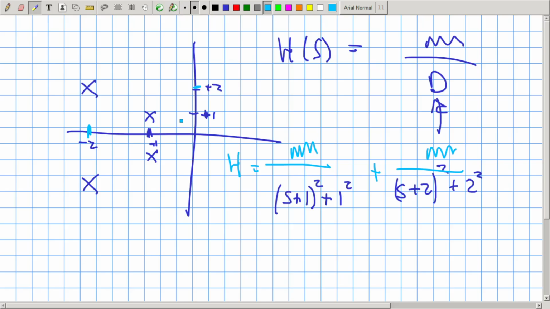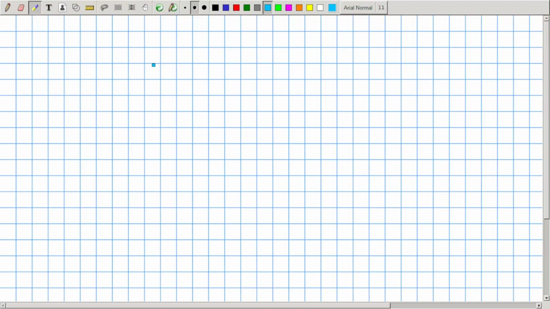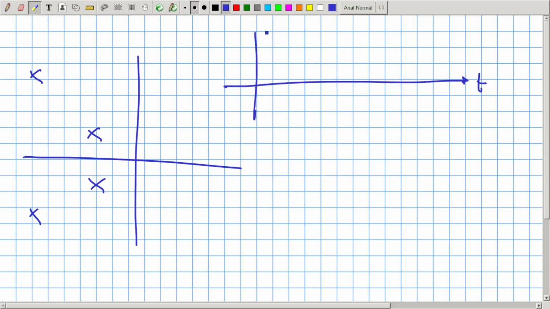Now let's see something very interesting now. And we complete the viewpoint. This object here corresponds to e to the minus t cosine omega t. From a time perspective, we have a decay ratio that is the e to the minus t, and we have a cosine omega t. True?